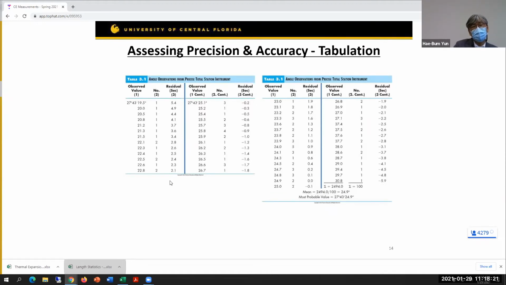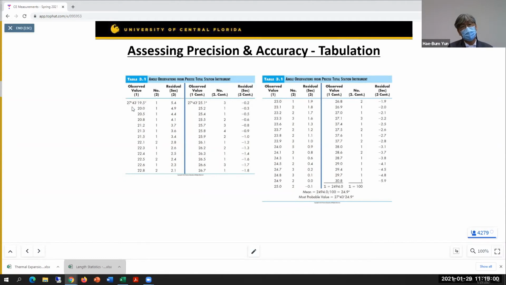Okay, so this is angle observation from the precise total station instruments. It is a 3-column table from our textbook. The first column is the observed value. Using the total station, we can measure the angle, right? Is it clear? Can you see the screen back there? Okay.